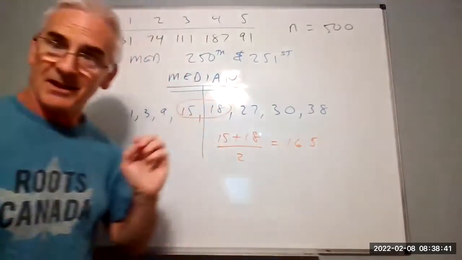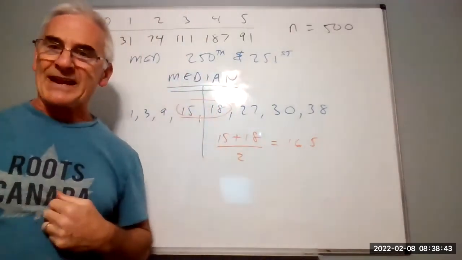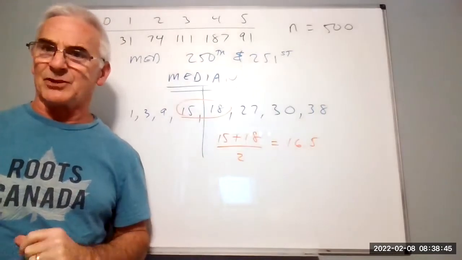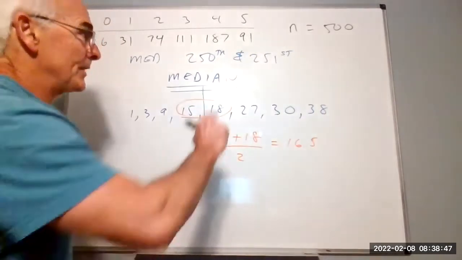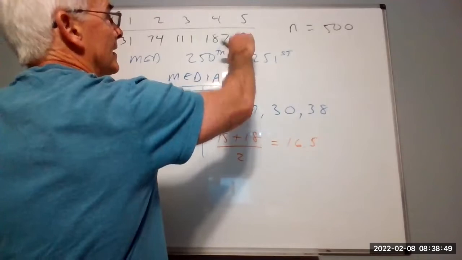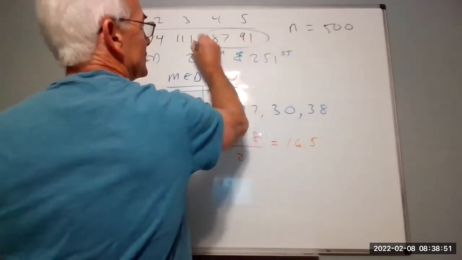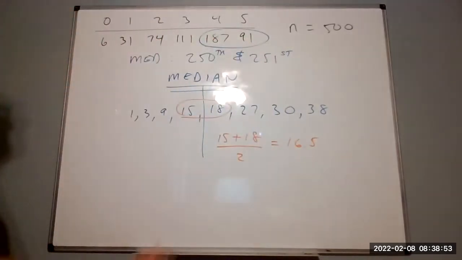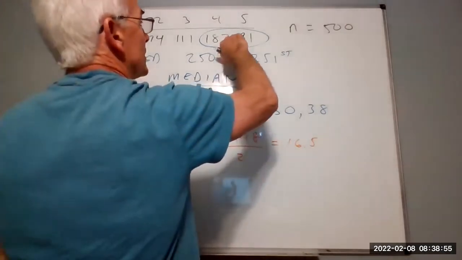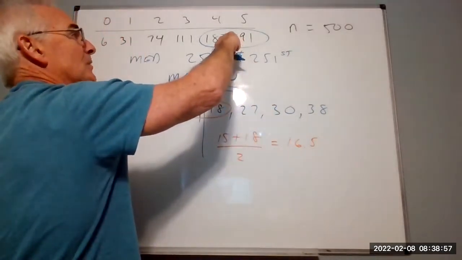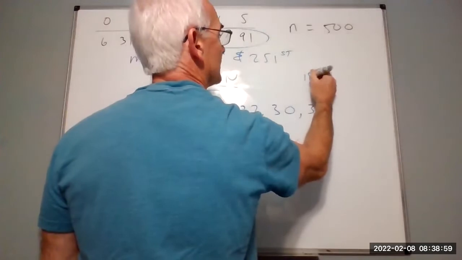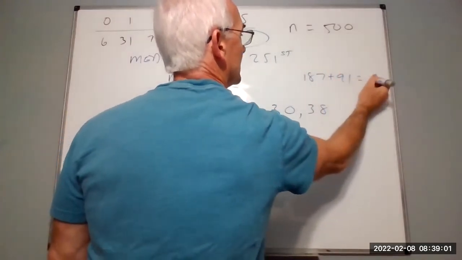Does that make sense? So the question is, if I rank these, what are the 250th and 251st values? Well, that's actually pretty simple. Just look here. How many values are in these 2 groups together? If I add 187 plus 91, what's 187 plus 91? That would be what?